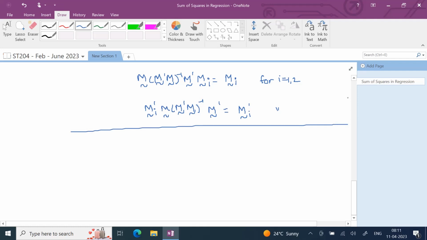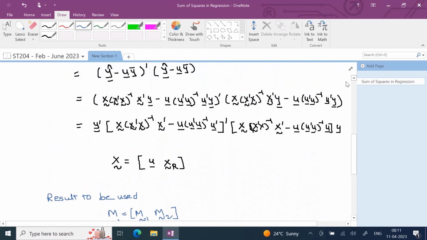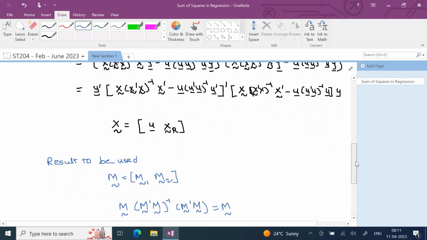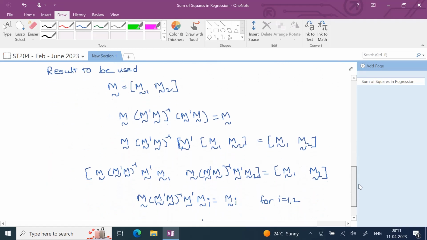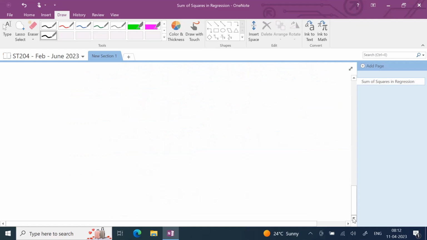Okay, so let me go back to whatever X we had. So the X we had is this. So X is now U XR. So I am going to treat U as X1 and XR as X2, and I'll use the results. Okay, so let me write what this result implies. So this result now implies the result that we proved just now.